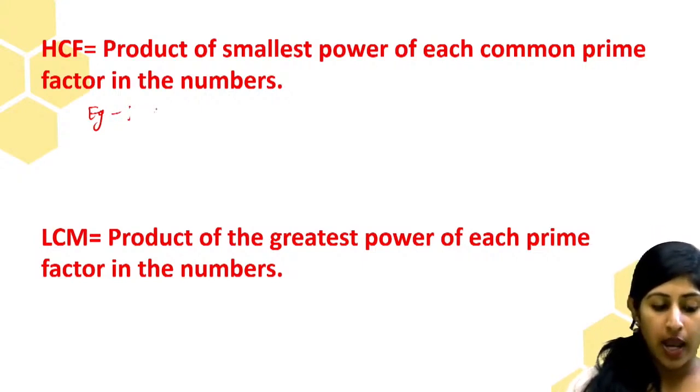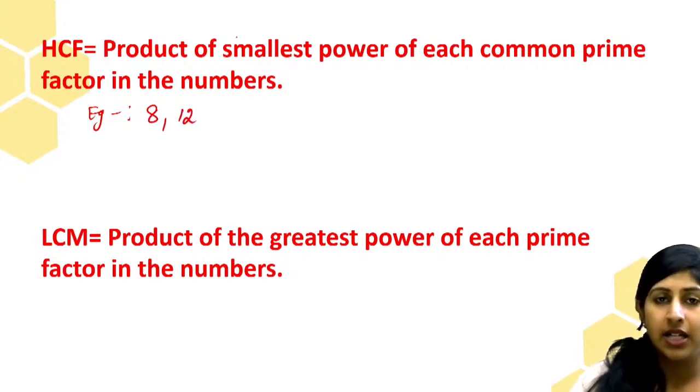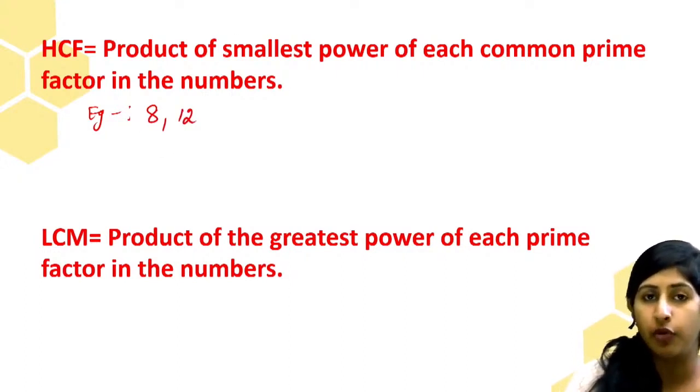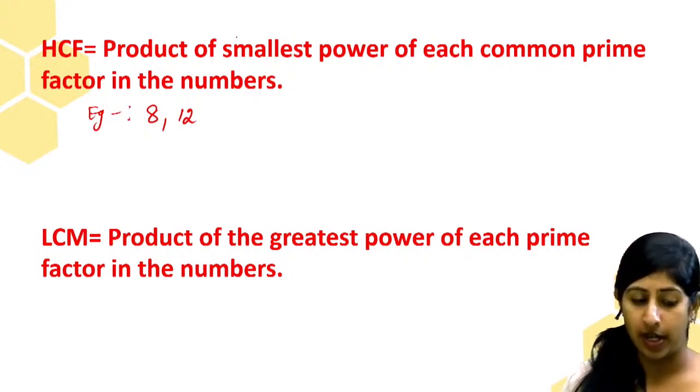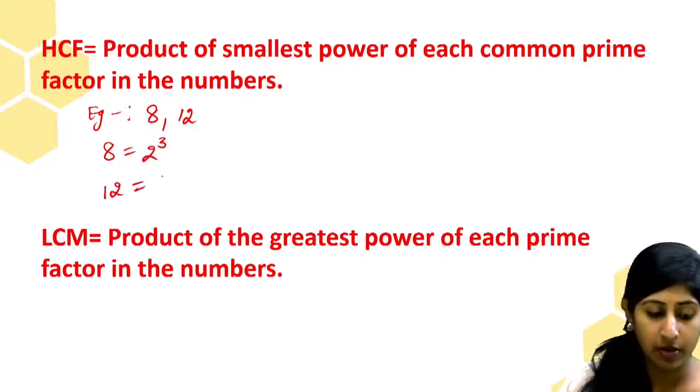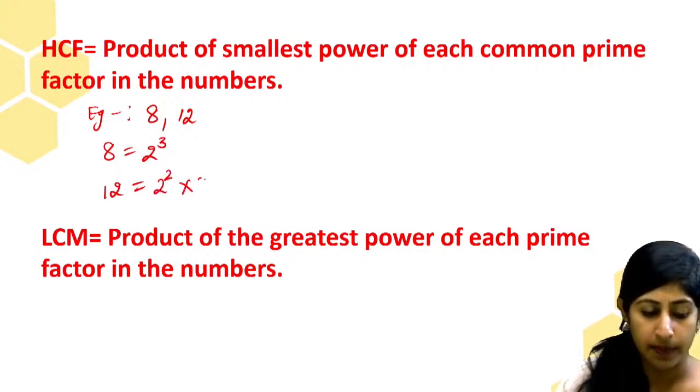Alright, so 8 and 12. Now I can write the prime factorization of 8, and I can also write the prime factorization of 12. We have discussed this in our previous 2 lectures already. So the prime factorization of 8 is simply 2 cube, and 12 can be written as 4 into 3, that is 2 square into 3.